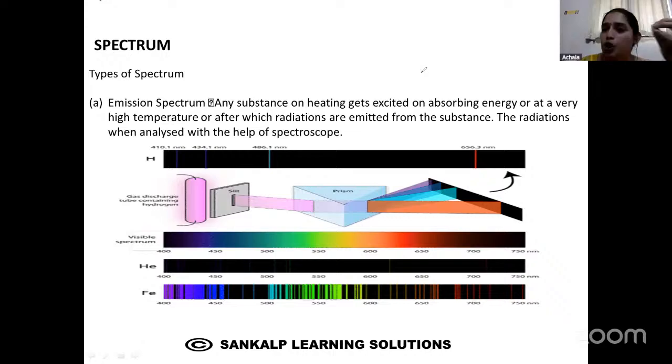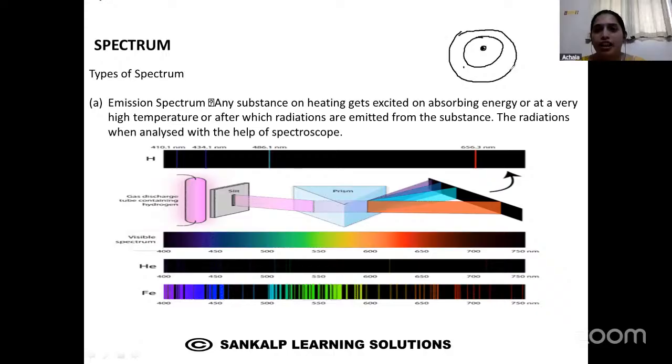This is called emission. Similarly, if this is nucleus and this is first orbit and this is second orbit, let us consider the electron in the first orbit jumped to second orbit. And now while emitting energy, it has to jump back to its original orbit.